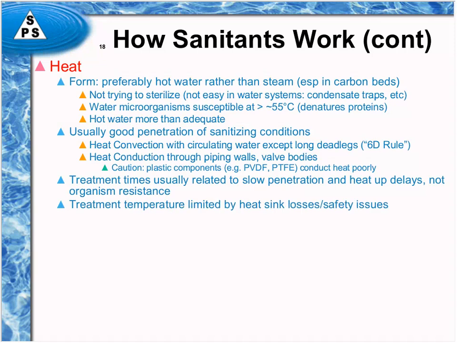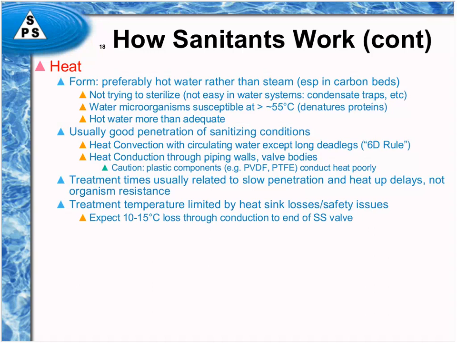You're limited by how much heat sink and heat loss you have in the system, and also by safety issues associated with hot water being used because it's very, very hot, scalding type water. You can expect to lose about 10 to 15 degrees C across a stainless steel valve from the upstream hot water exposed side to the downstream side of the valve through the conduction that goes through the valve.